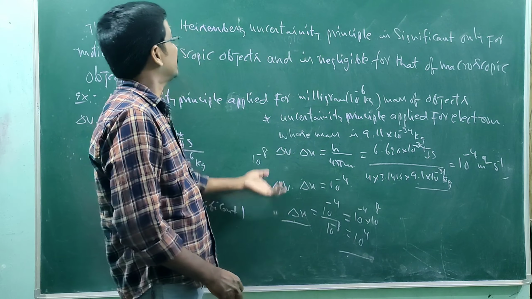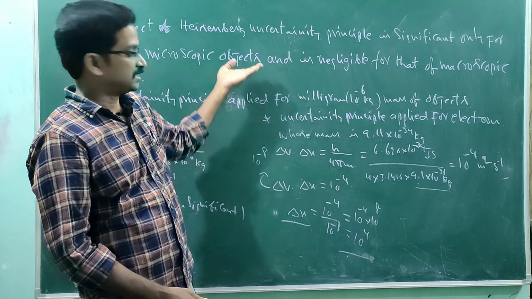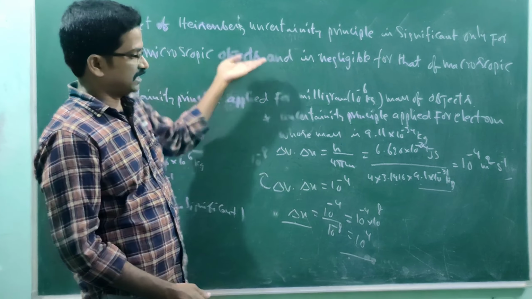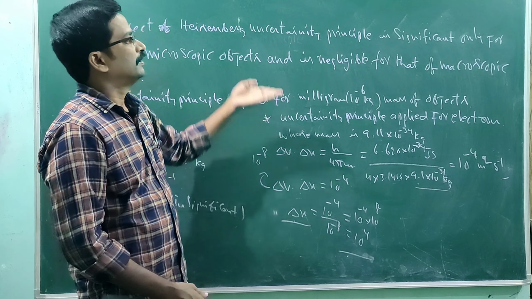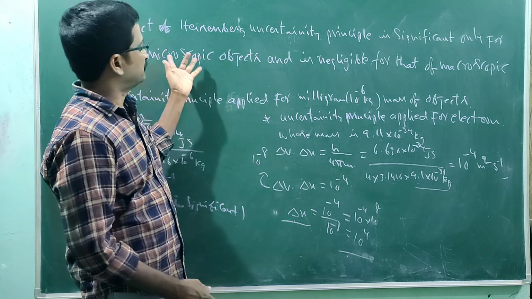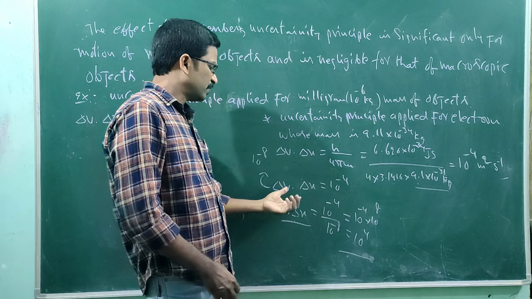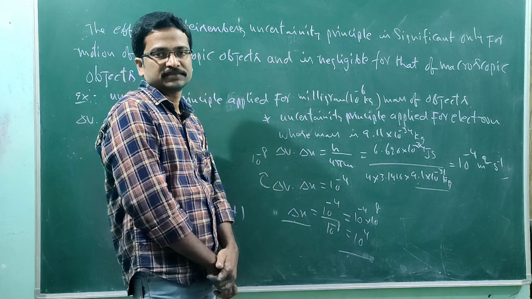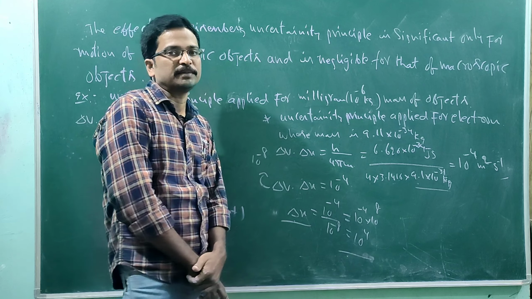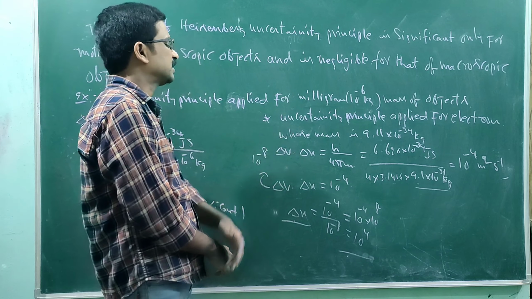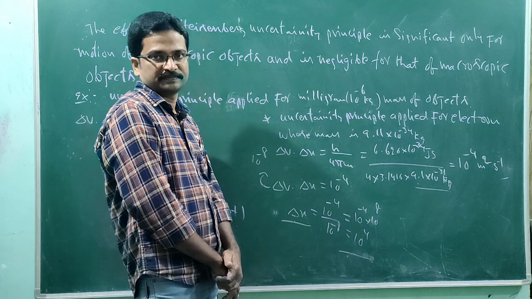So this is the way they said. This is applicable for microscopic objects. For microscopic objects, we know we cannot determine this one and this one simultaneously. Velocity and position cannot be determined simultaneously.